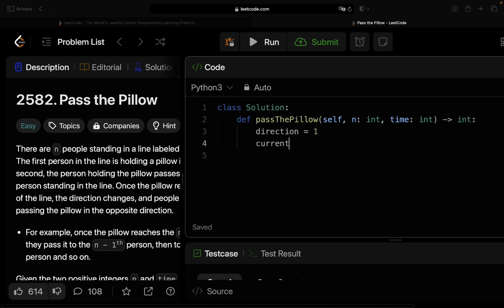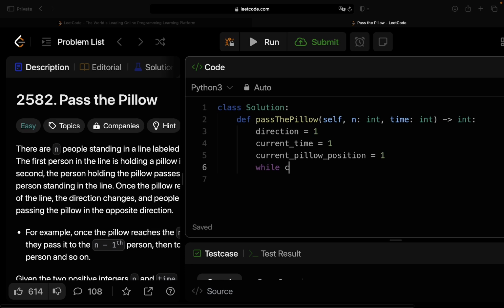Then we have the current time, which is, let's say, 1. We have the current pillow position, which is also 1.